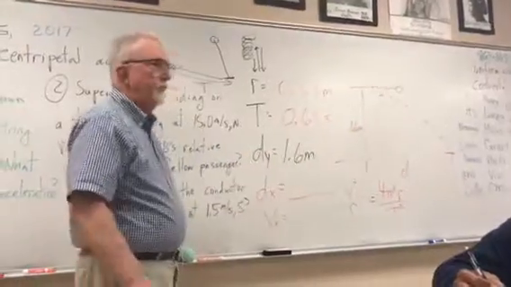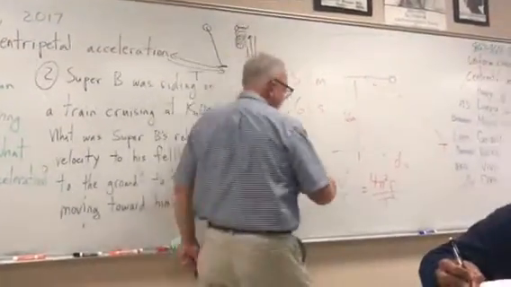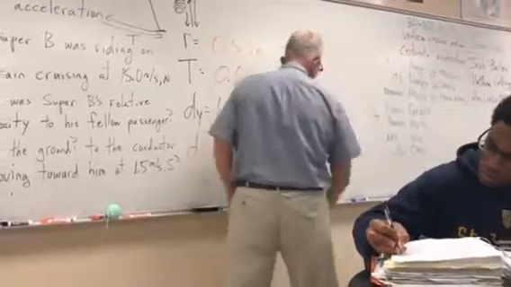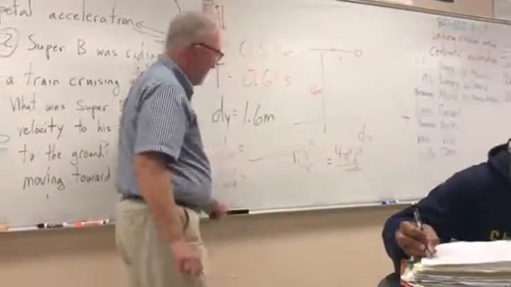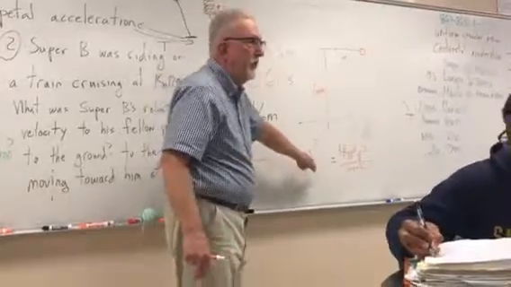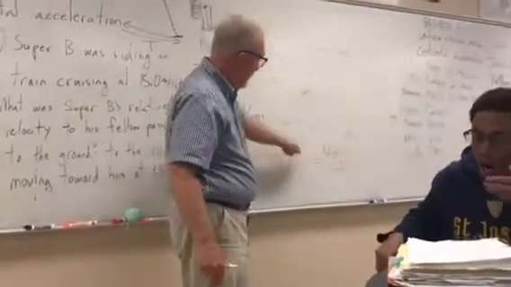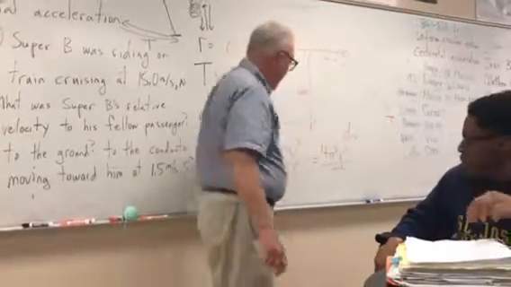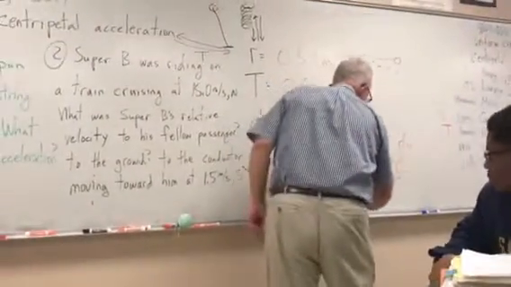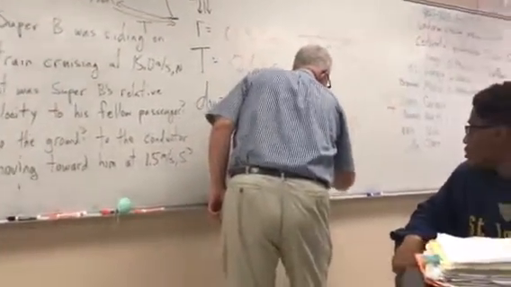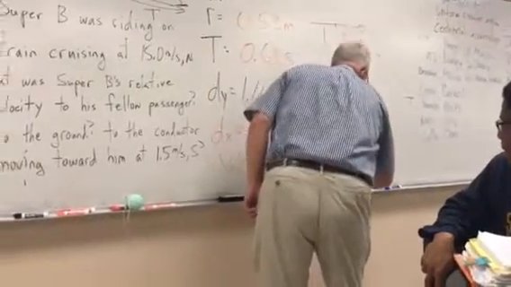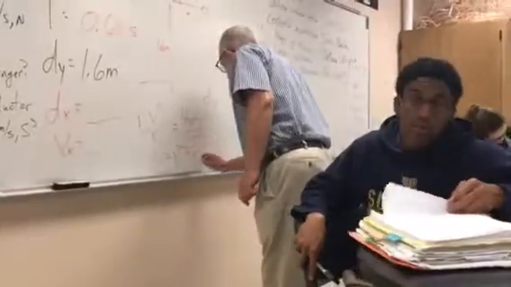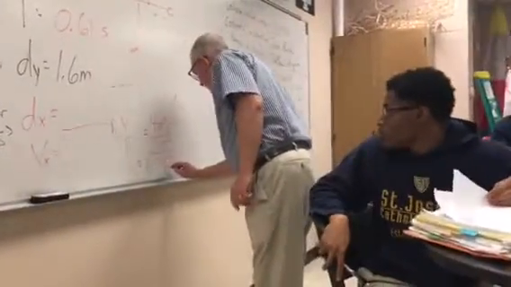The R's cancel out. And then you multiply both sides times R, and that makes that R squared. R into R is 1, R times R is R squared. So now you have V equals the square root of 4 pi squared R squared over T squared.